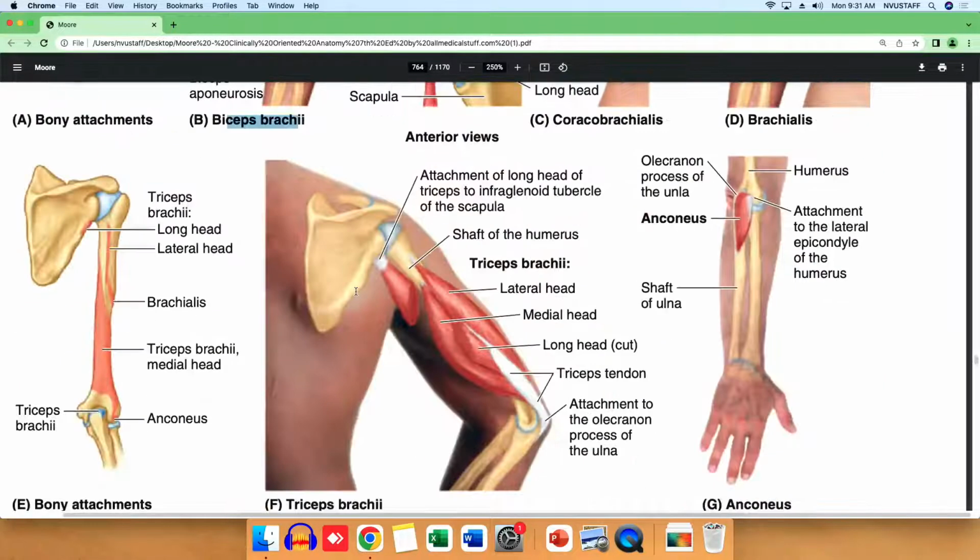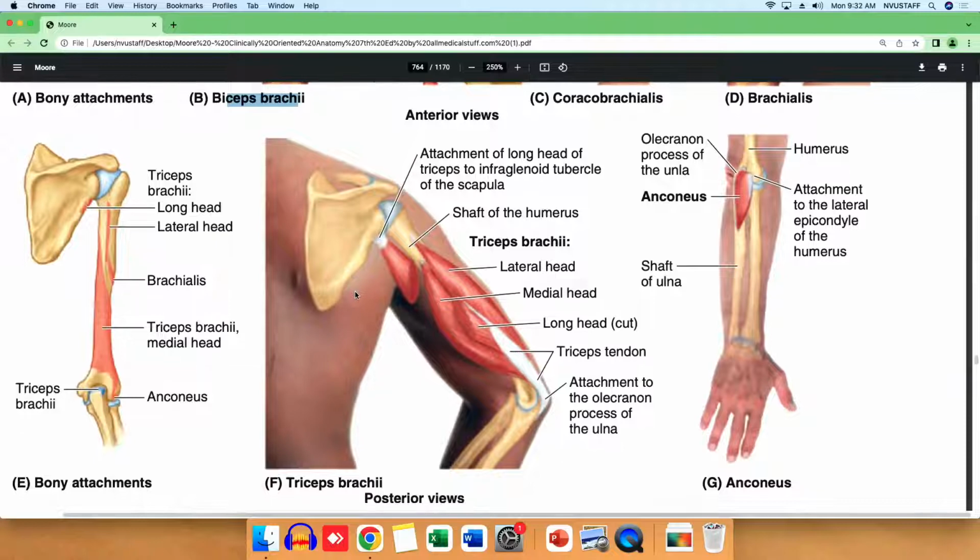As we continue with the posterior compartment, you can find that the main muscle is only one. It is triceps brachii. But at the same time, you can also find one small muscle known as the anconeus muscle.